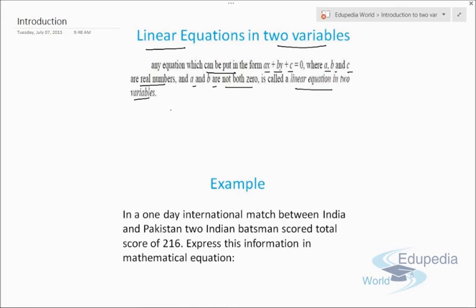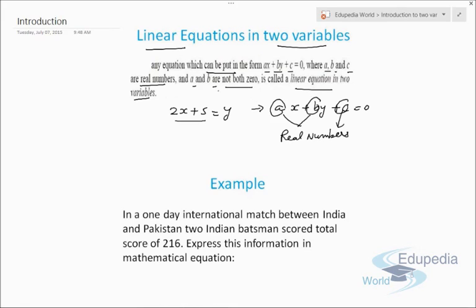Suppose we have an equation 2x plus 5 equals y. If this equation can be written in the form ax plus by plus c equals 0, where a and b, these two coefficients, should be real numbers, and a and b are not both 0, it means they shouldn't both be 0.